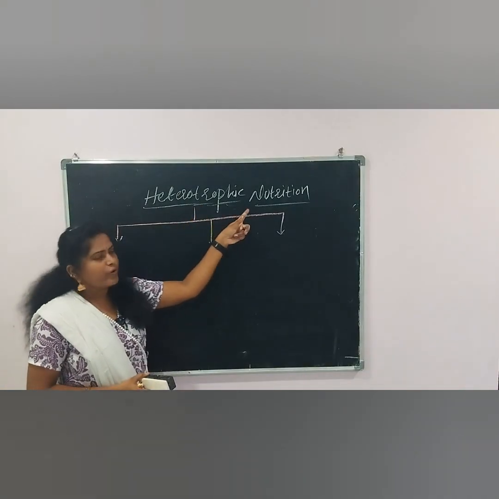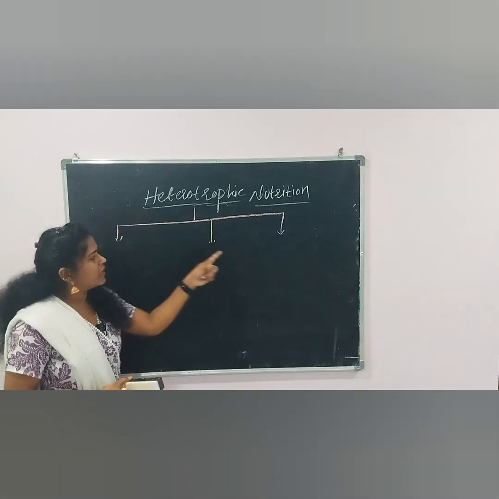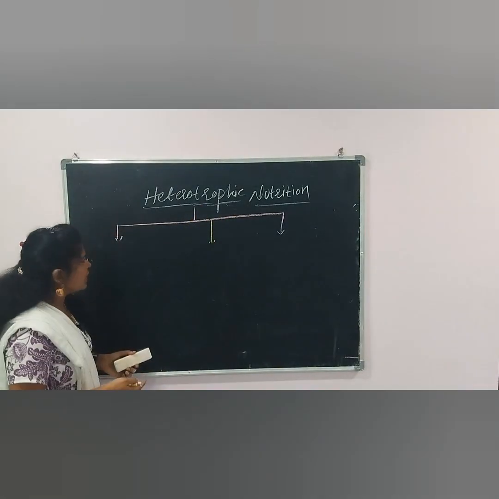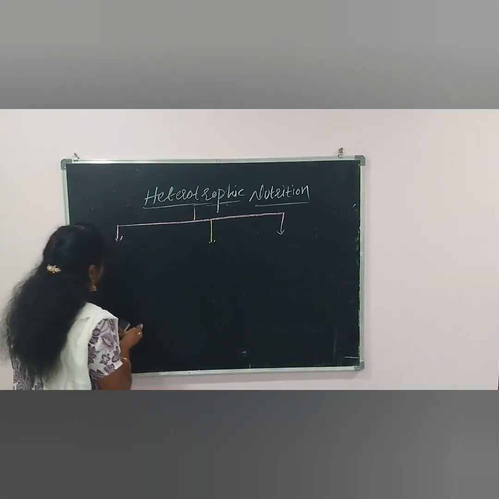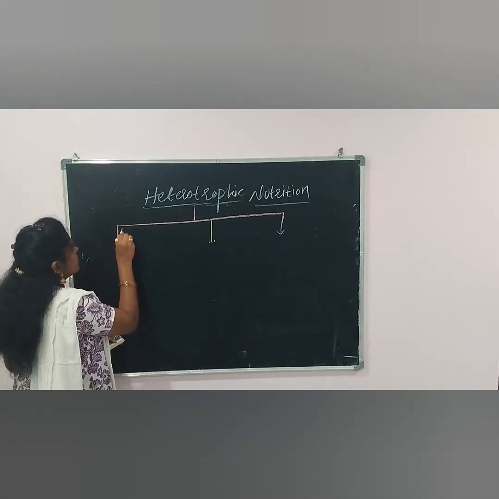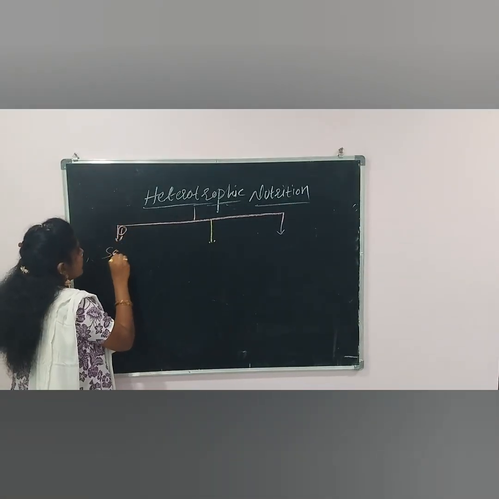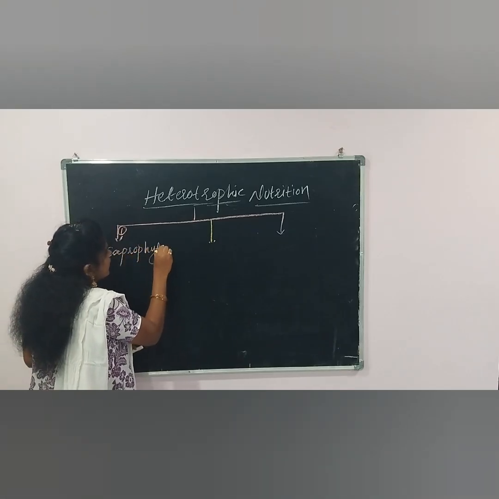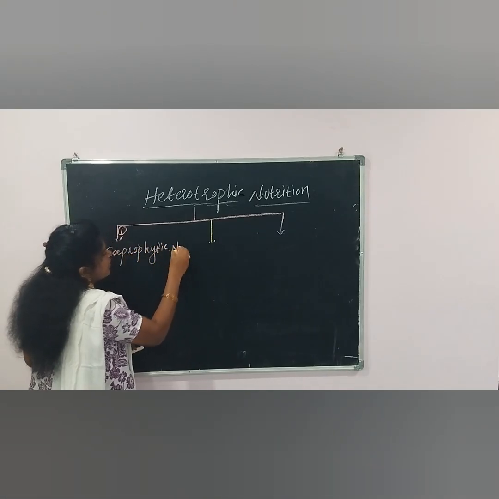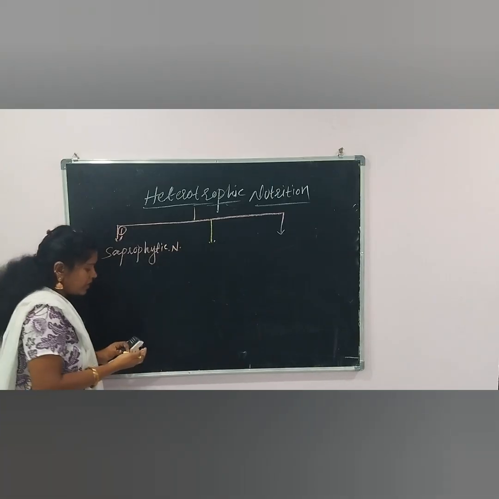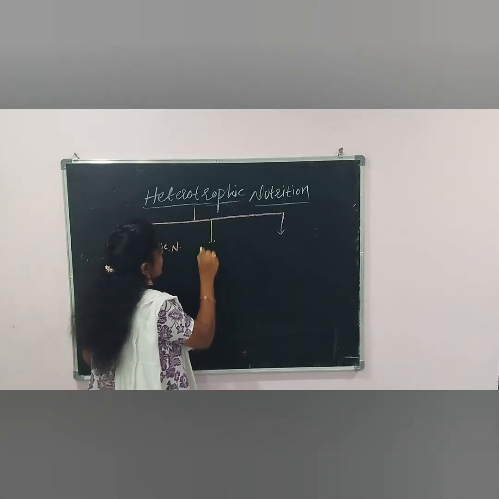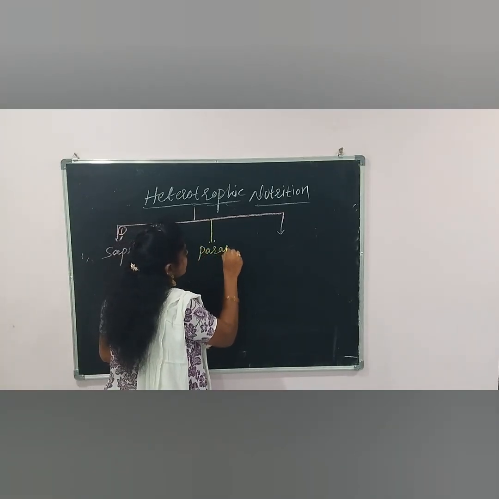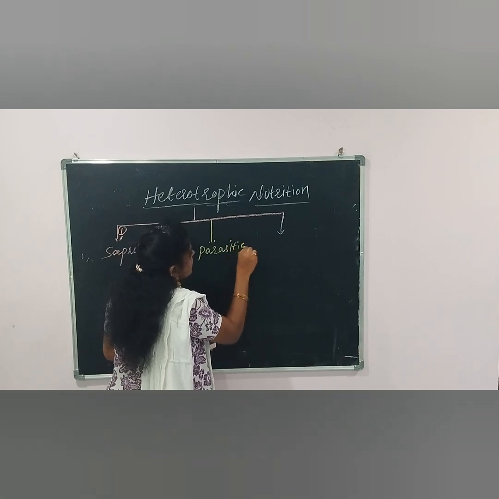Heterotrophic nutrition is classified into three types. What are they? Let us see. First one is saprophytic nutrition. Saprophytic nutrition, in short form here I am writing. Second one is parasitic nutrition.